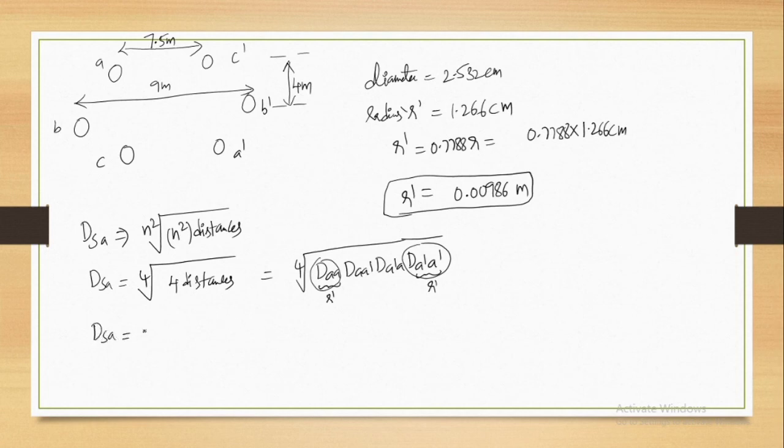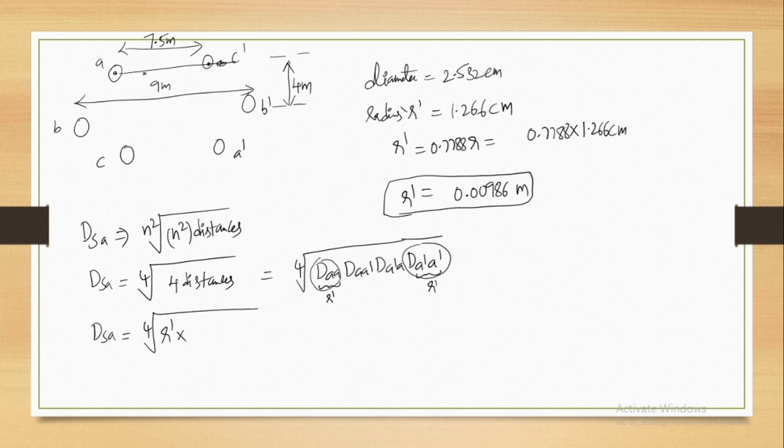So DSA is equal to the fourth root of R dash into R dash into A to A dash into A to A dash. For the total horizontal distance, up to this position the horizontal distance is 7.5 and the vertical distance is 4 plus 4, 8.